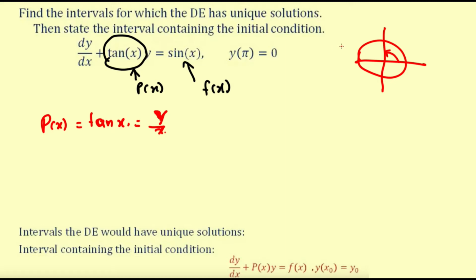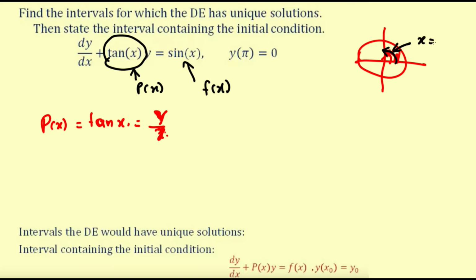Let me grab an example. If I take theta, tan is opposite over adjacent, so opposite is y over x. That's correct. And it's usually discontinuous here, whenever x is 0.